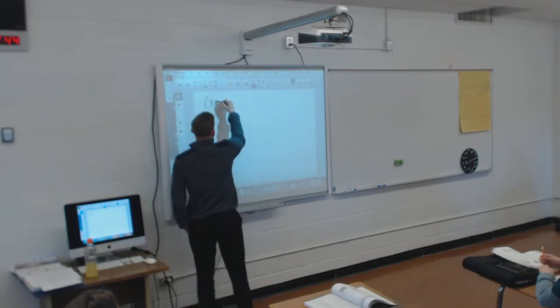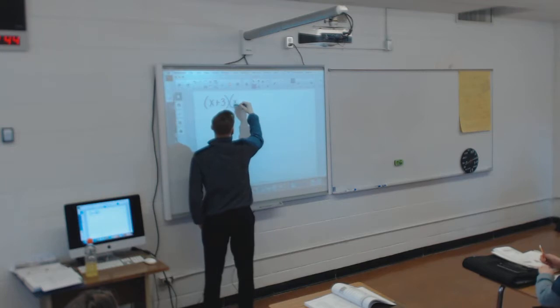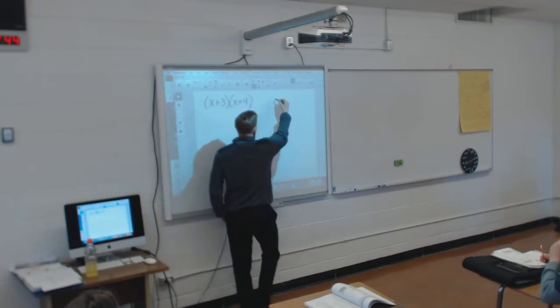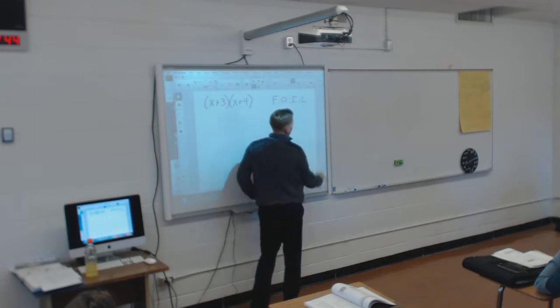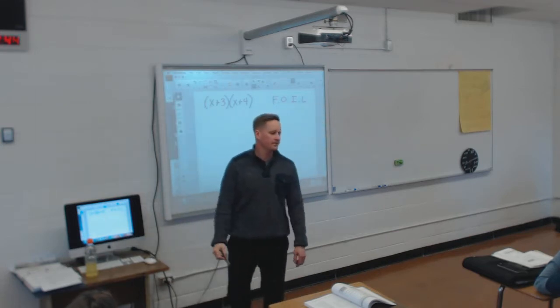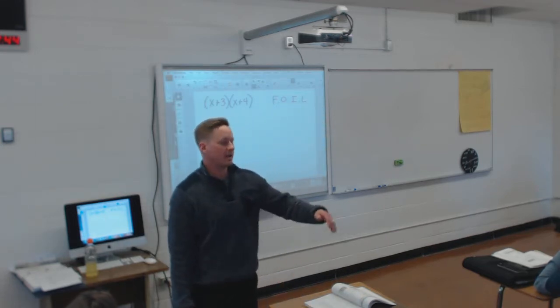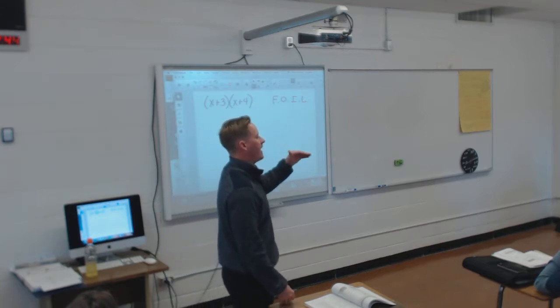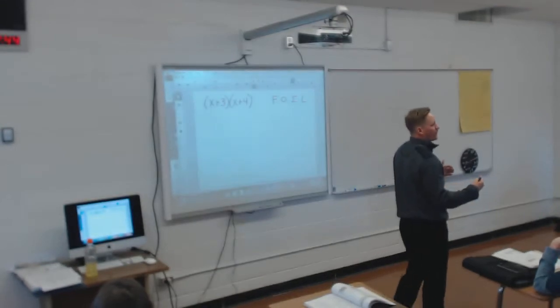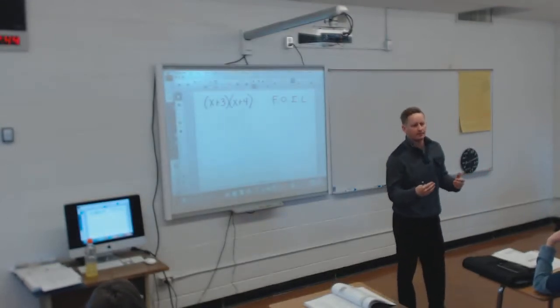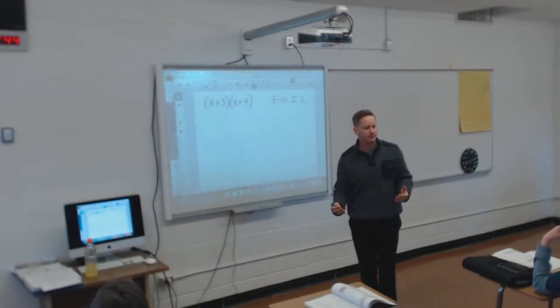This is the method you want to learn and understand because in the next section, we're going to work backwards. We're going to take a trinomial and we're going to have to factor it. So when we use FOIL, it means multiply. You're multiplying together.